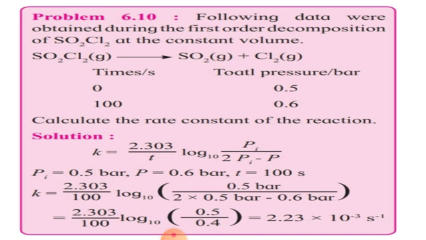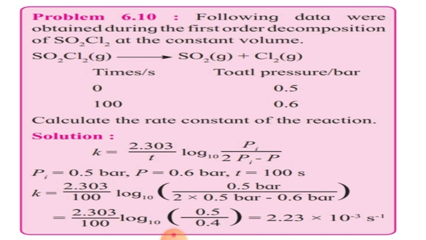Now the data has been given at times 0 and t, total pressure. Here it is a printing mistake, it is total pressure in bar. At time 0 it is 0.5, but at time 100 second it is 0.6 bar.